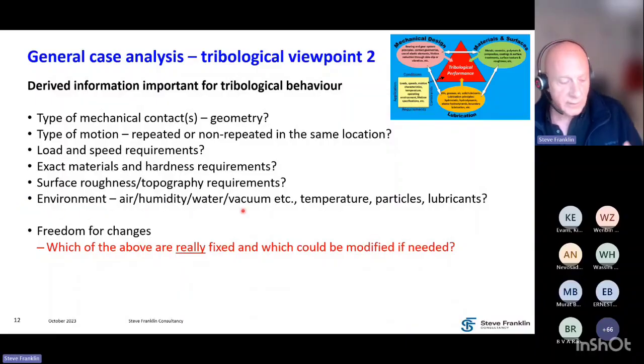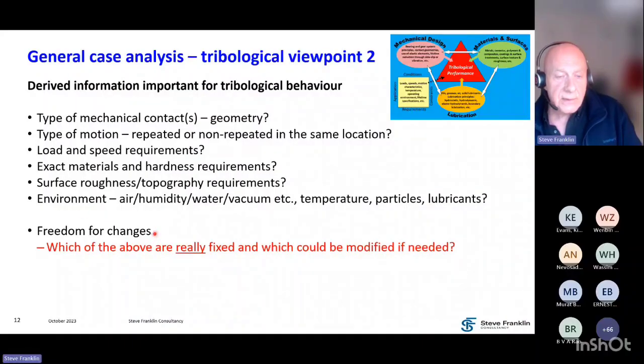So in what sort of environment? In air, how humid is the air, which may affect materials that are particularly sensitive to humidity. Is it in water, is it salt water, is it vacuum, or is temperature important? Any particles in the environment are important, as they may cause abrasion. And of course, any lubricants there.